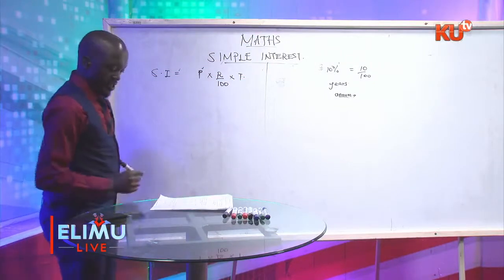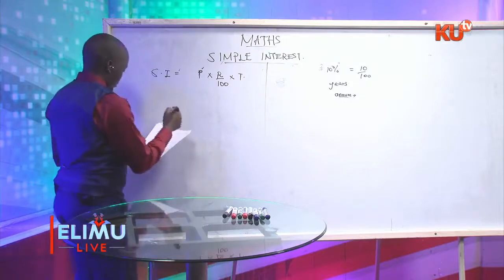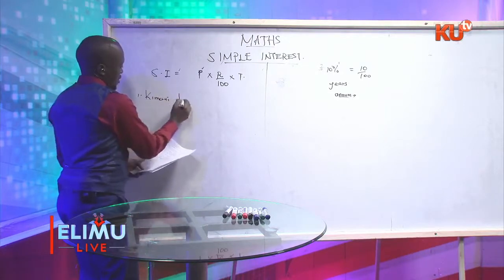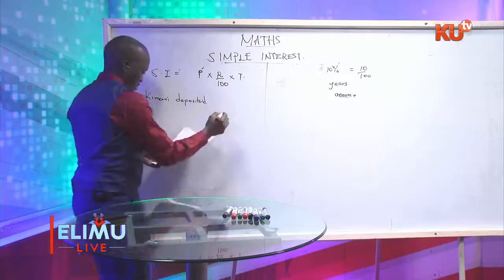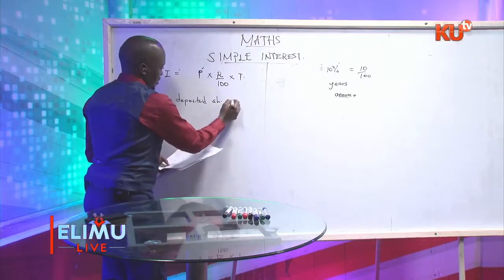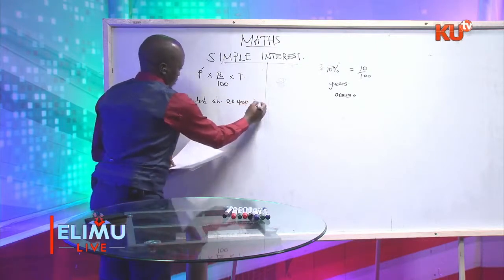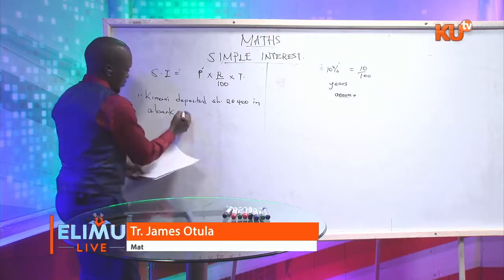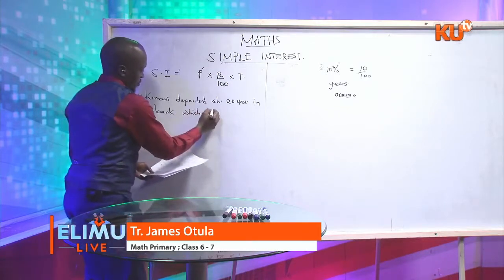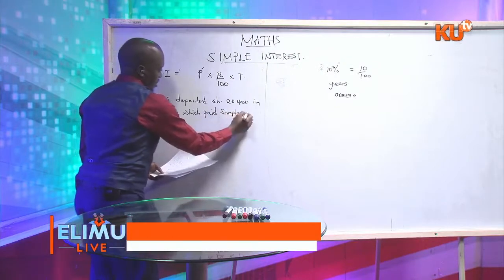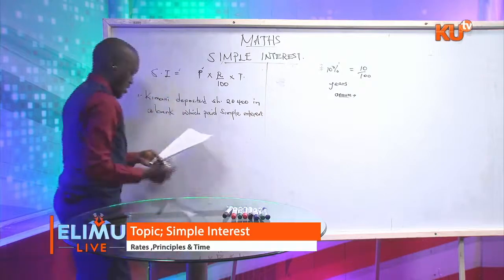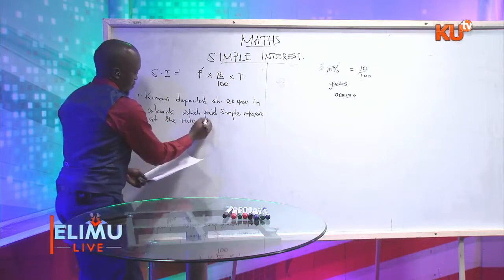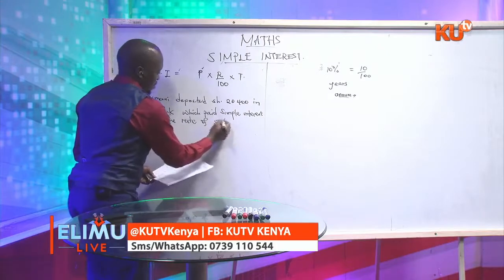An example I'll give here is: Kimani deposited 20,400 shillings in a bank which paid simple interest at the rate of 5% per annum.